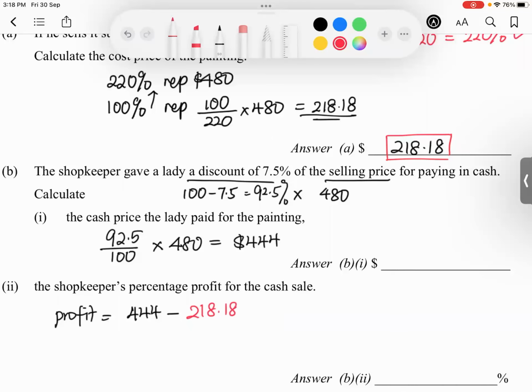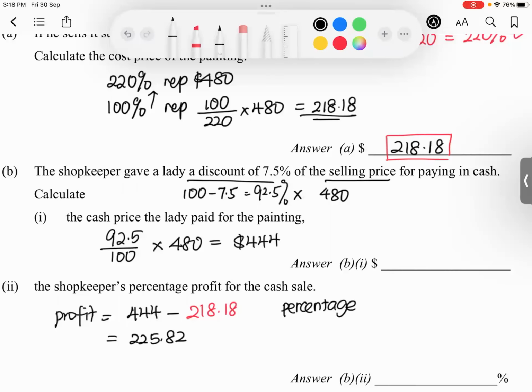Give me a minute. Yeah, okay. So in this case, profit is 444 minus 218.18, which is 225.82. They want the percentage.